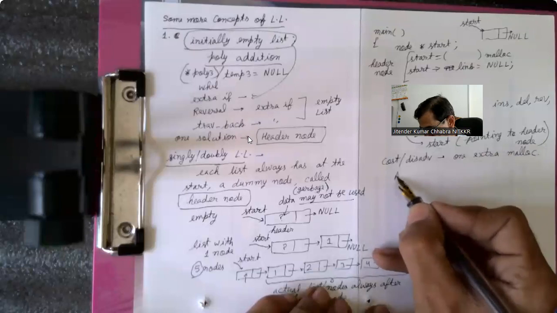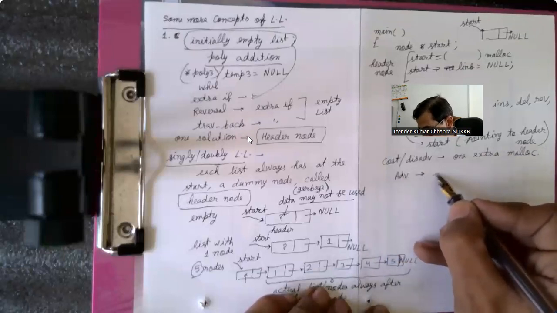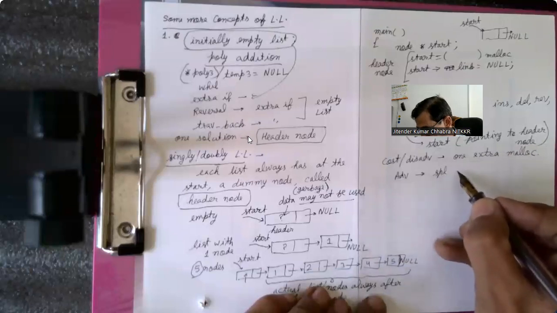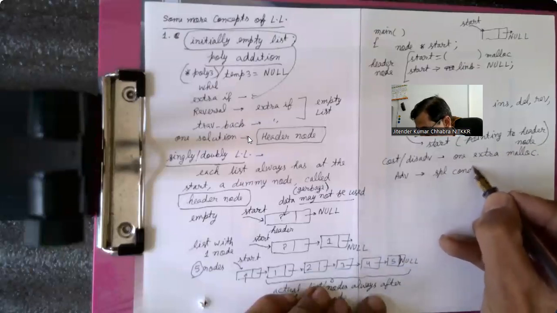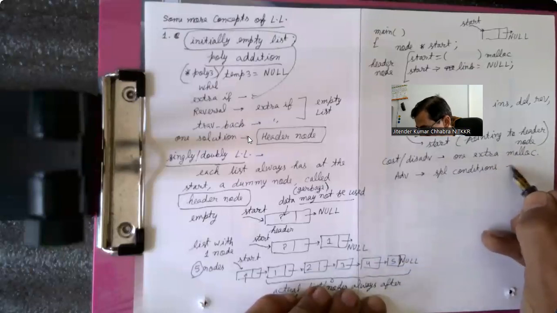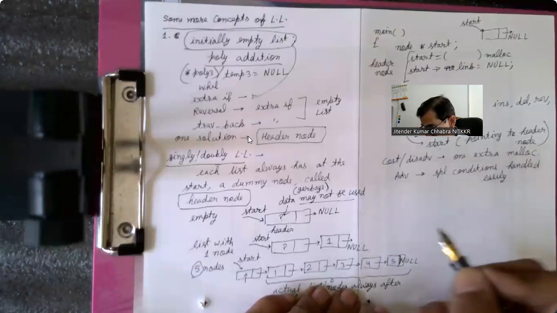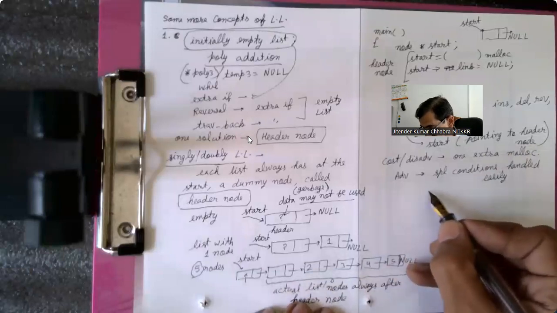But the advantages are too many. List special conditions are just eliminated, and all special conditions simply get handled. Why? The list is never empty.